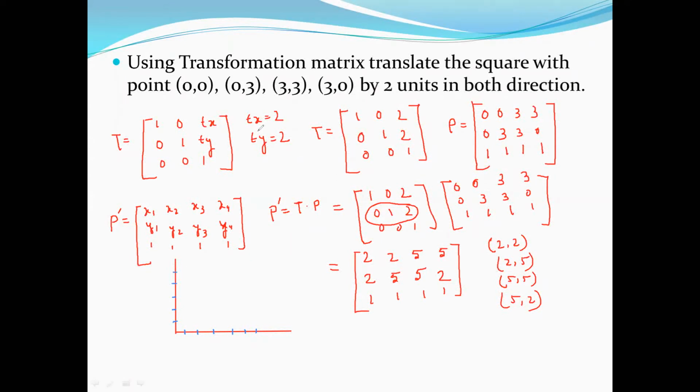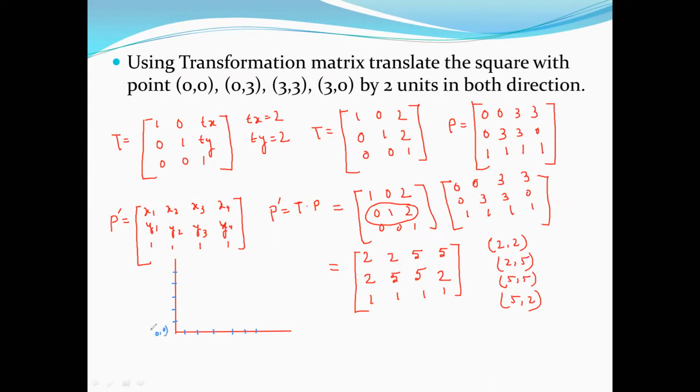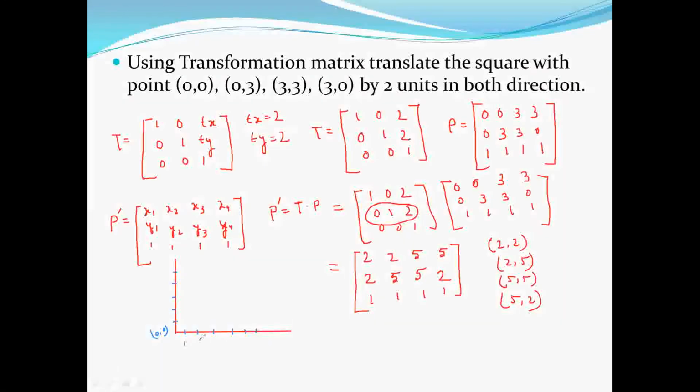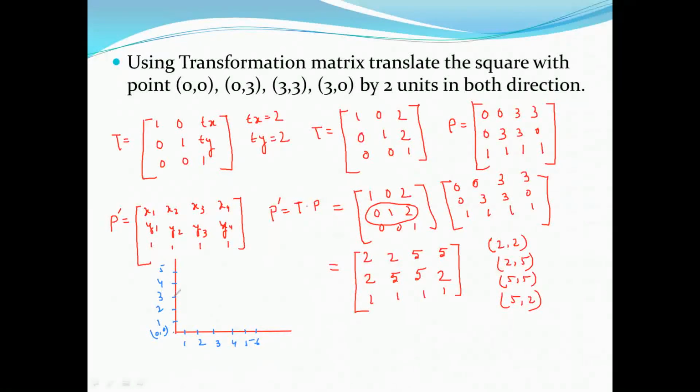So what is our initial point? The initial point was 0, 0, that means the origin. So this is 0, 0. Next one is 0, 3, where the value of x is 0, and this is the second point.